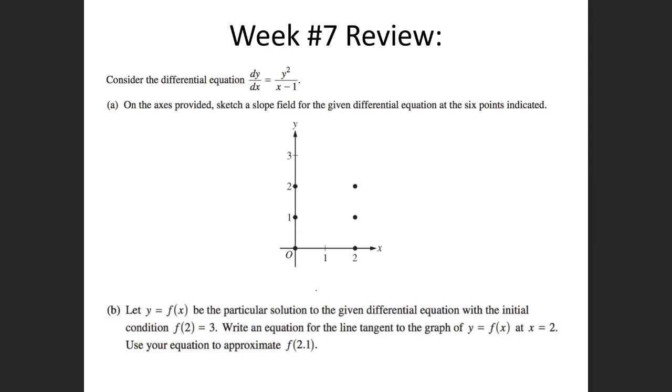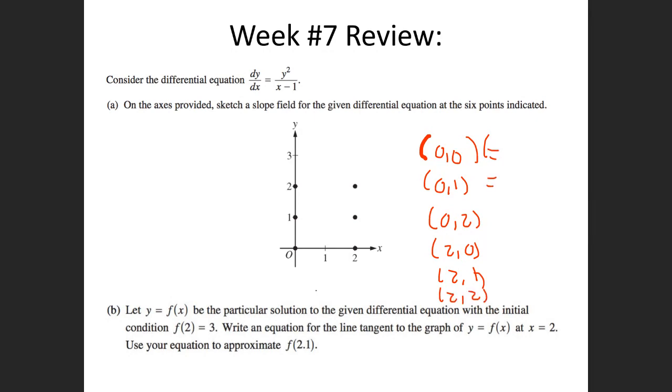So I usually just put down all the points. In this one, I have 0, 0, 0, 1, 0, 2, and 2, 0, 2, 1, and 2, 2. So not a whole lot of points. Usually they make you do a whole lot more than this one.